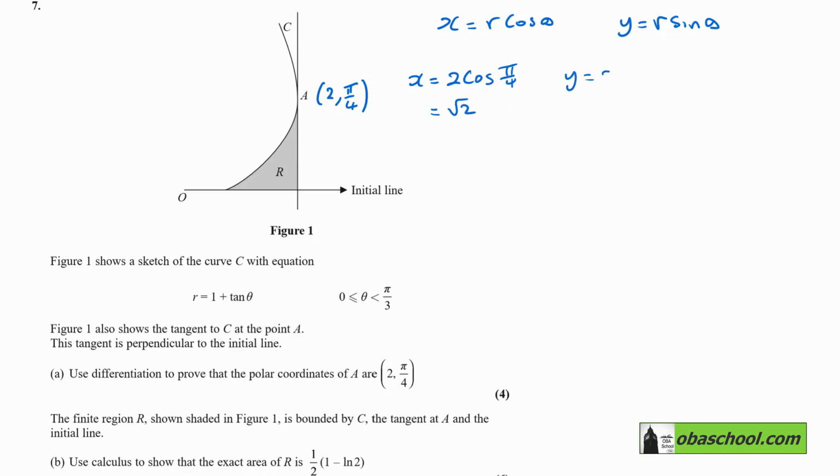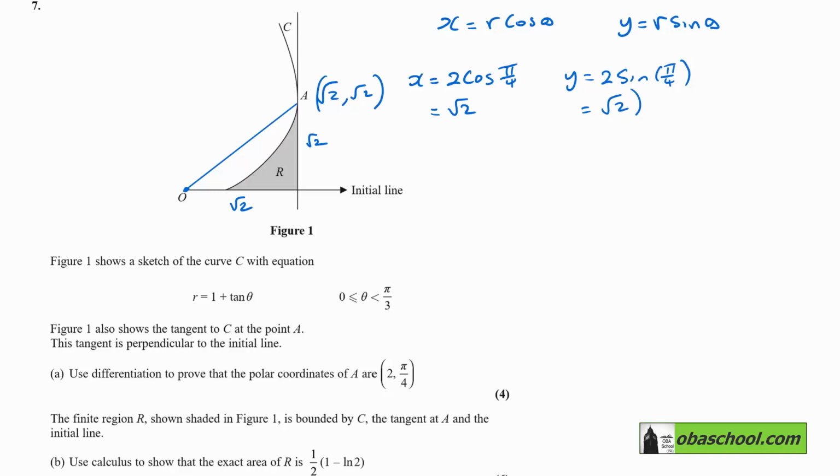And y is going to be 2 sine pi by 4. And we know, of course, that sine pi by 4 and cos pi by 4 are equal. So that's root 2. So in Cartesian, this point up here is (root 2, root 2). Now, we're after this area R. Now, we have a triangle just here like this, which would be root 2 and root 2.